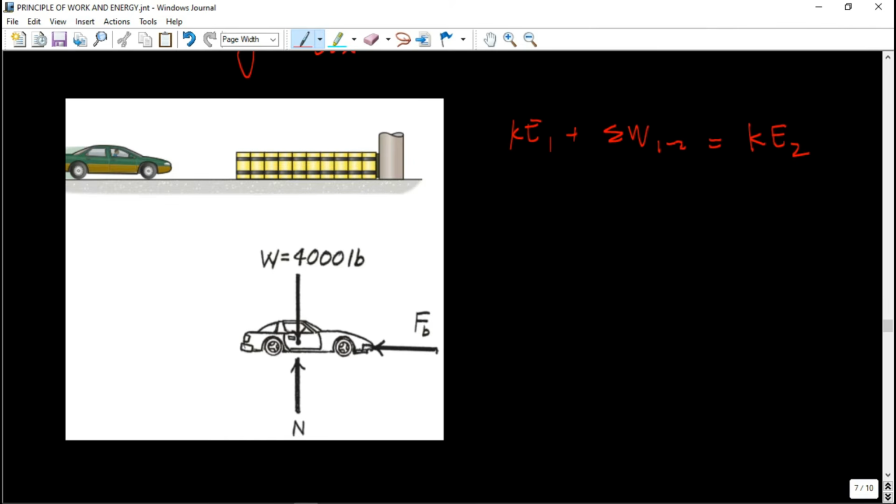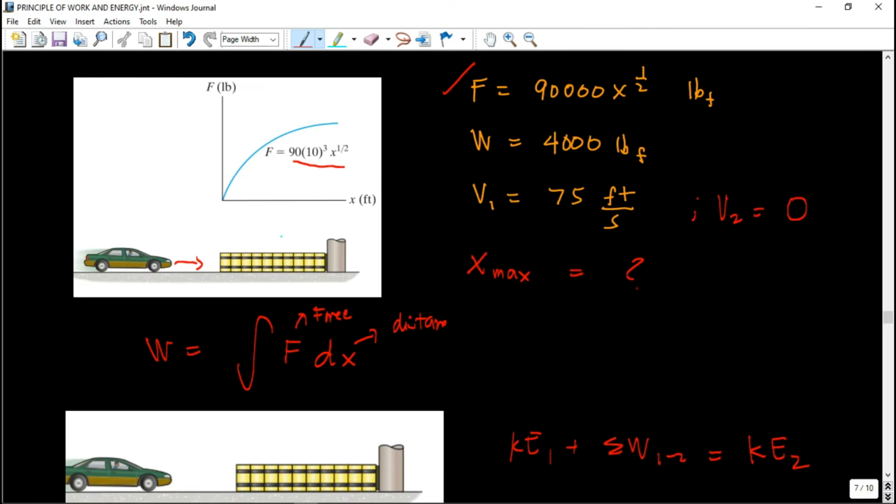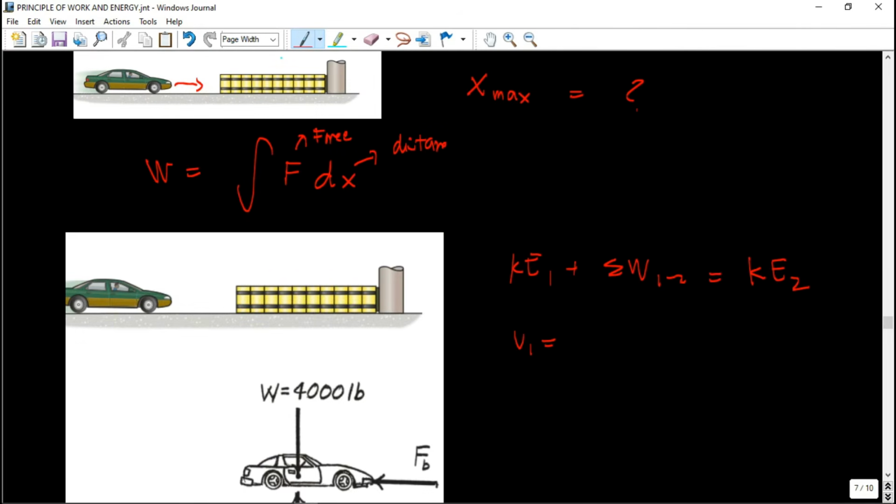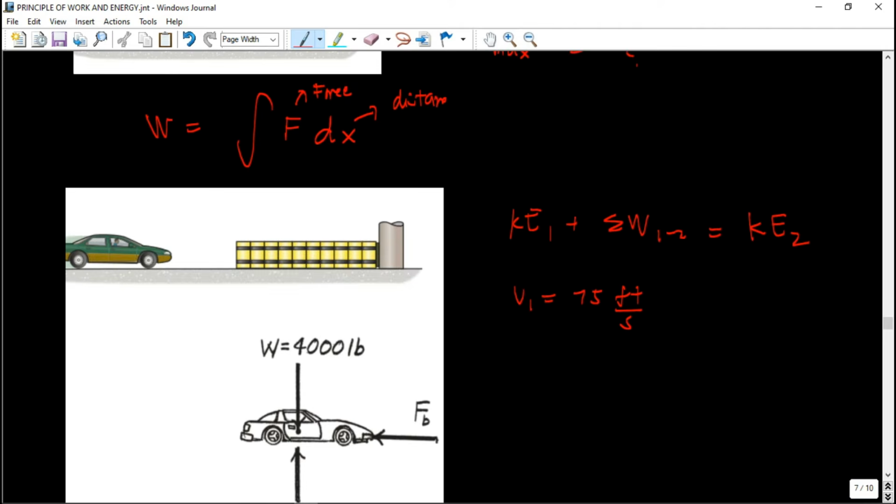Okay, so here, V1 is given, 75 feet per second. And we have here V sub 2 which is 0. So, after the car hits the barrier, of course, at that maximum penetration, the car will stop.